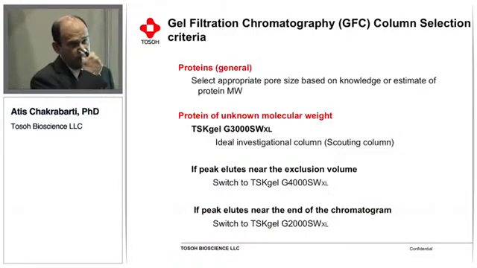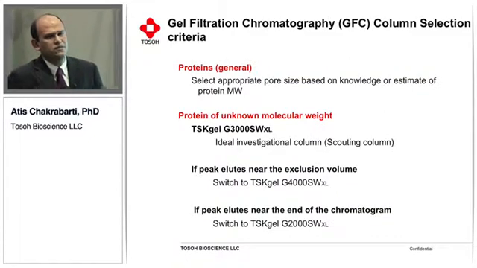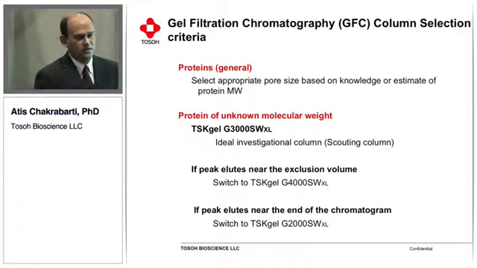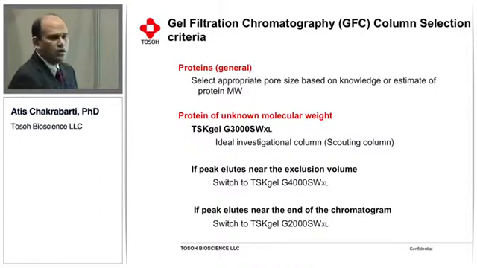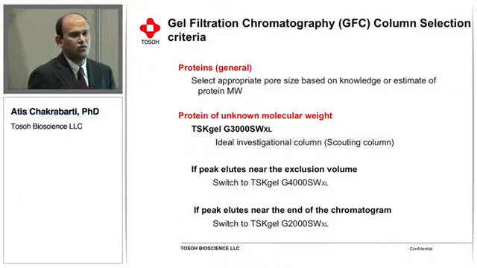Now for example, you have no idea what column to use because you have no idea what the molecular weight is. We generally request that you use the G3000 SWXL column as a scouting column.